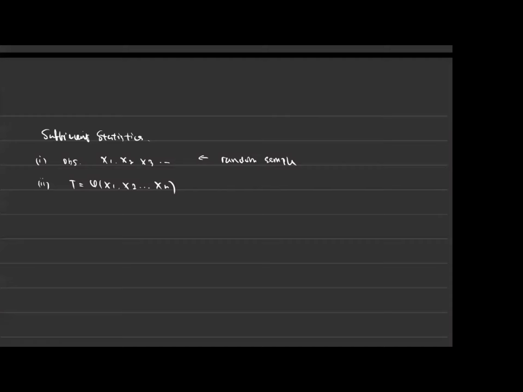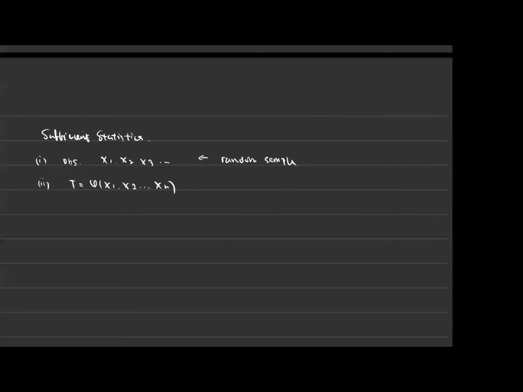Based on these two approaches, you can guess that the first one is probably going to be more general, right? You have all the information, you observe all the data. That's the best you can do.